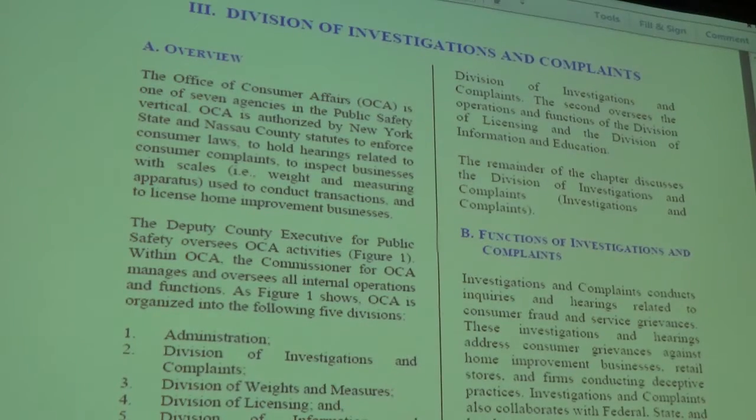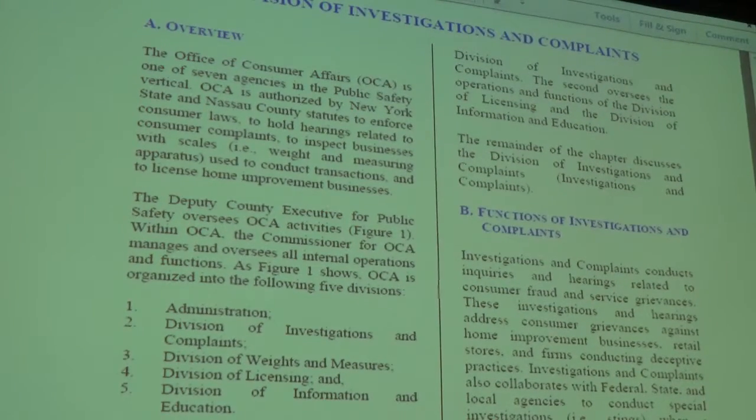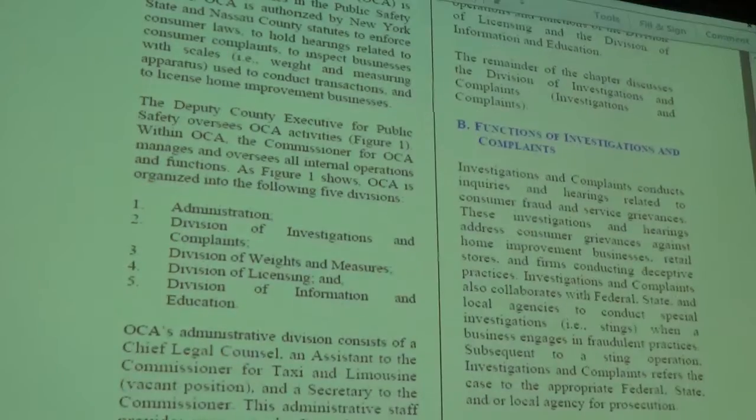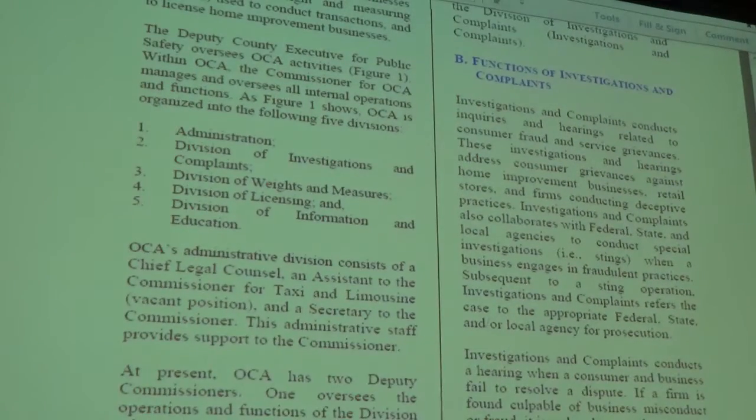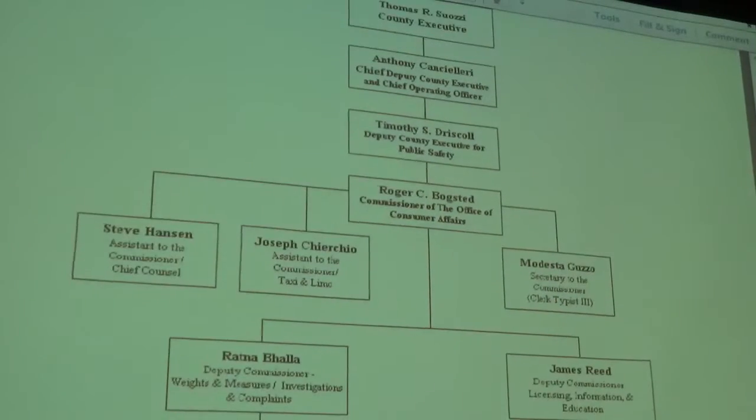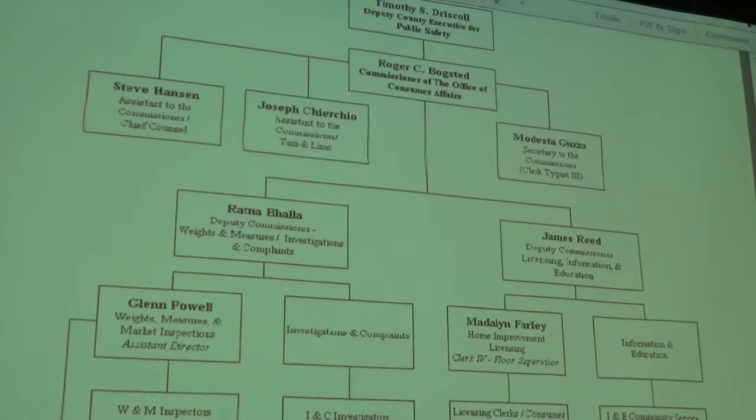It has the Office of Consumer Affairs as one of 7 agencies in the public safety vertical of New York, Nassau County. It has the functions of the organization. It has the organizational chart, which we had to create because the organization itself did not have one.